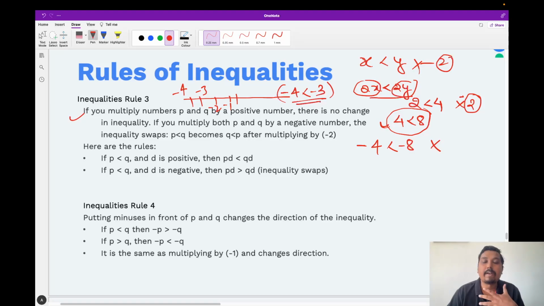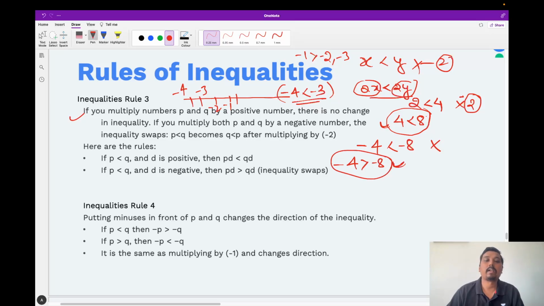This is a well-known fact to all of us. Minus 1 is greater than minus 2, then minus 3, then minus 4, minus 5 and so on. So this is not possible. If you multiply any inequality with a negative sign, the sign is going to change. So here minus 4 is greater than minus 8.